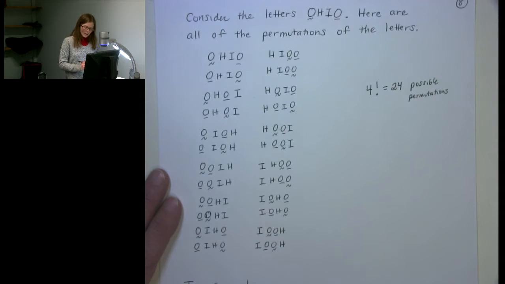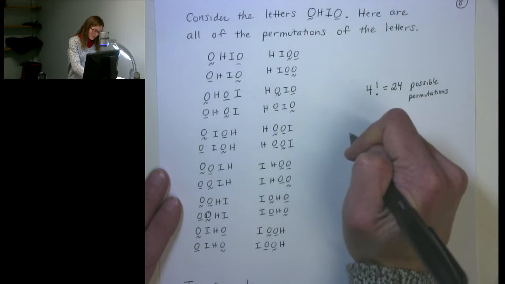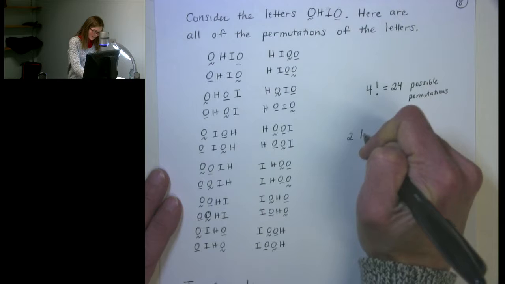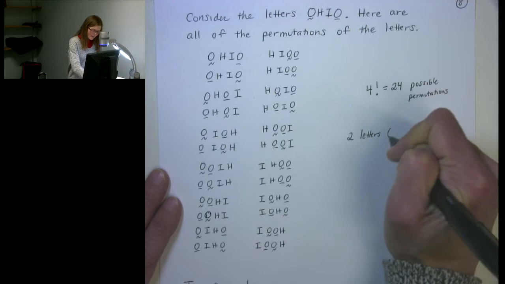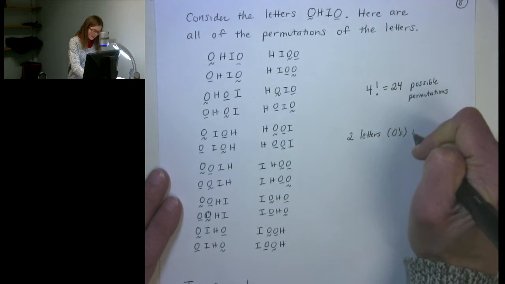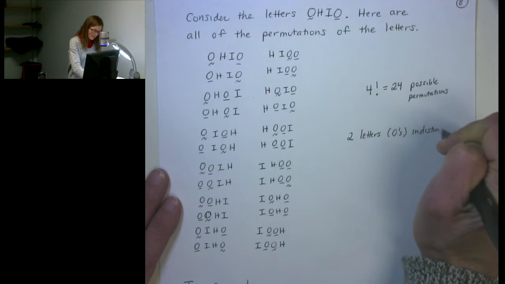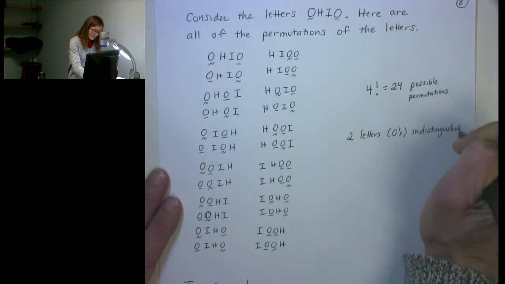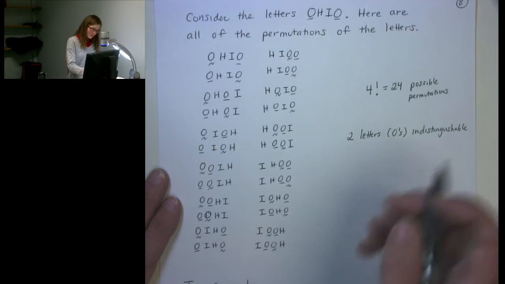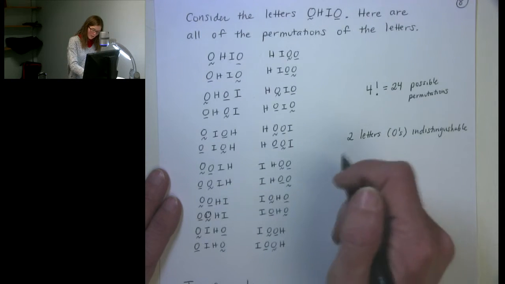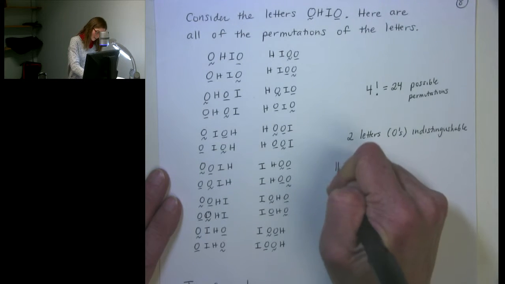So in this case, since I have 2 letters, my O's, that are indistinguishable, I'm going to figure out the number of distinguishable permutations.